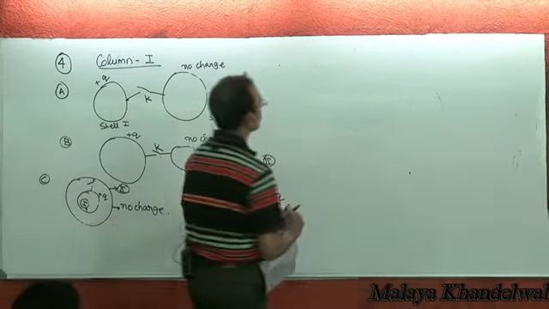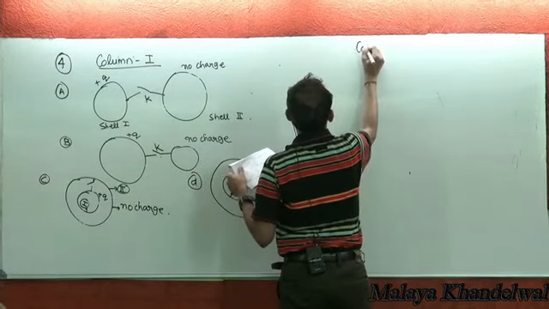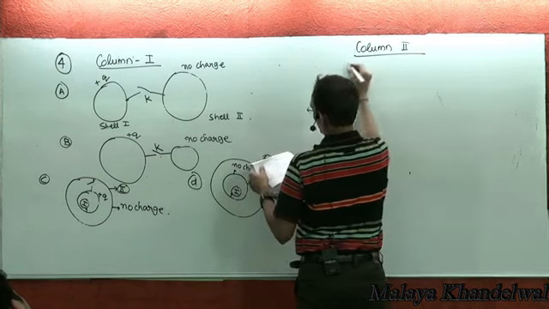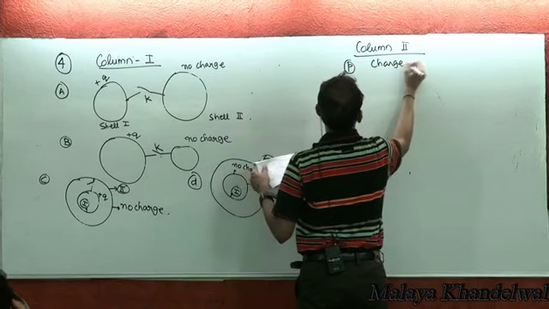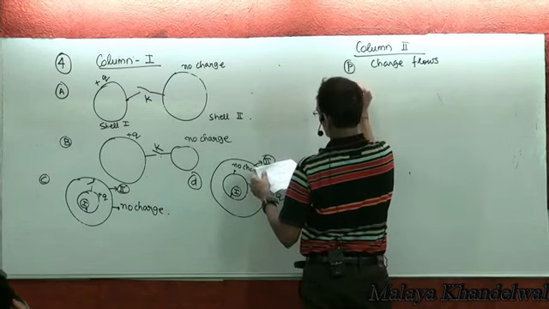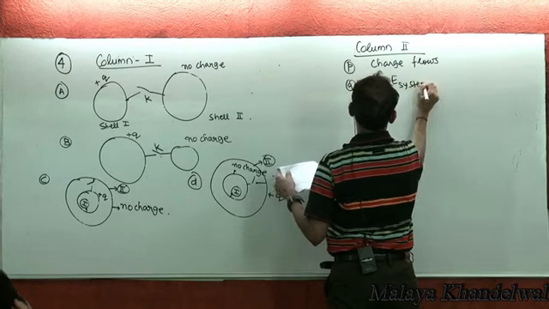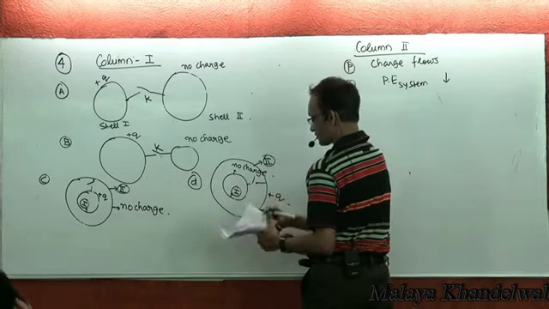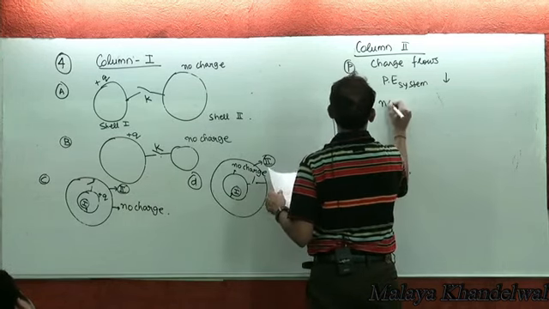And column 2: P, charge flows through the connecting wire. Q, potential energy of the system decreases. R, no heat produced.